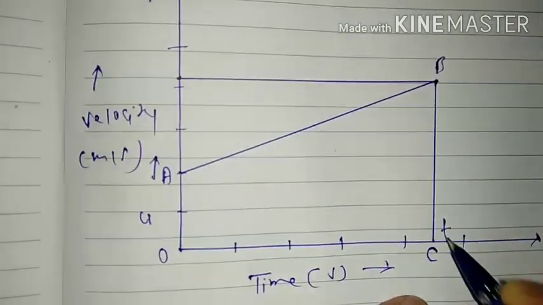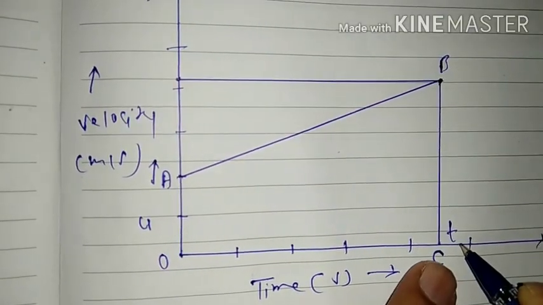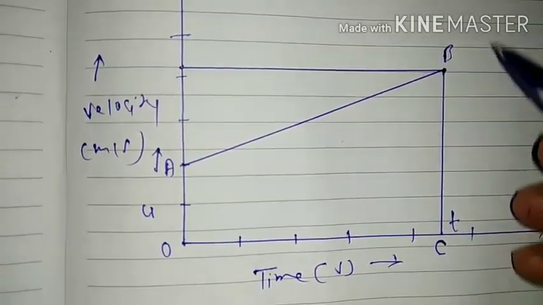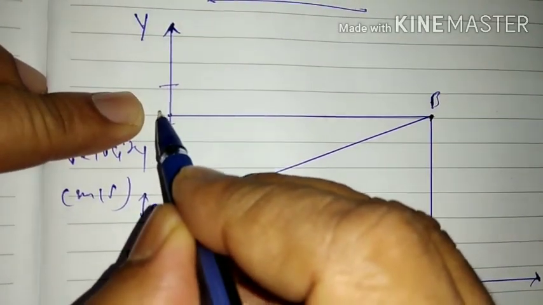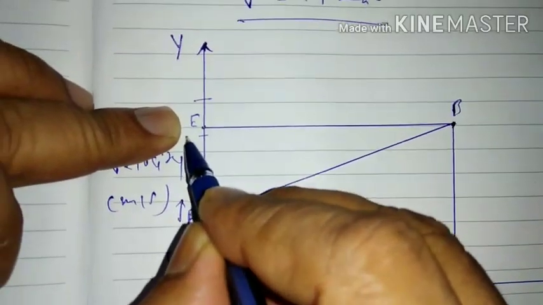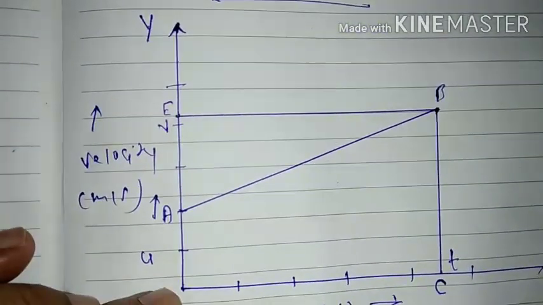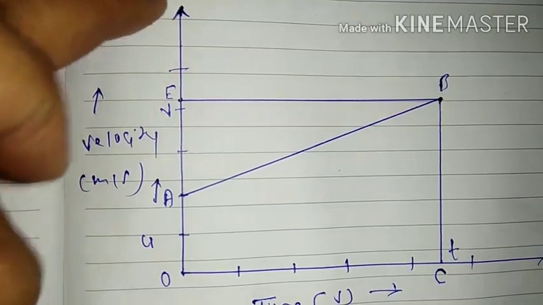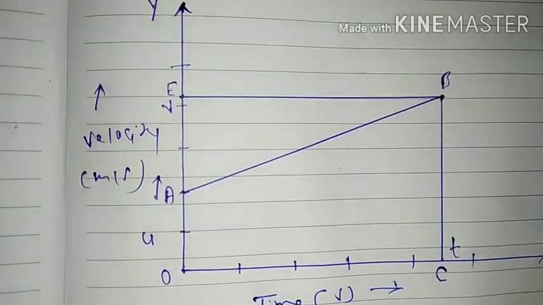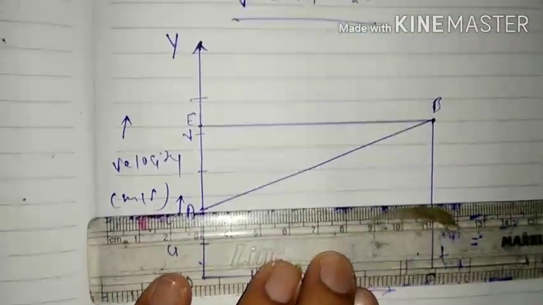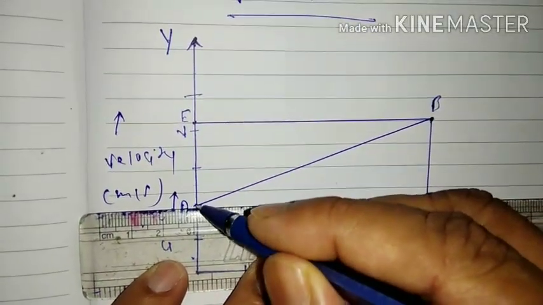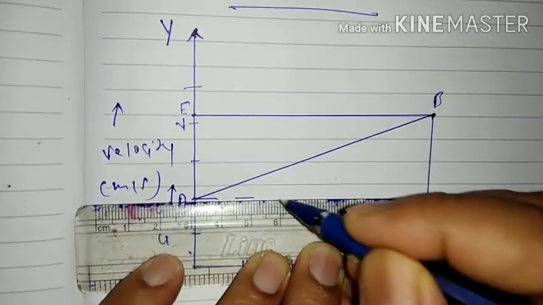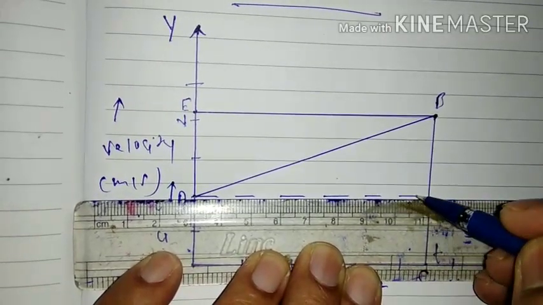So this distance OC gives us the time taken t, and again from point B we draw a perpendicular on the y-axis, which meets at point E. It gives us the final velocity v, because each and every point on this velocity axis, that is the y-axis, gives us velocity.